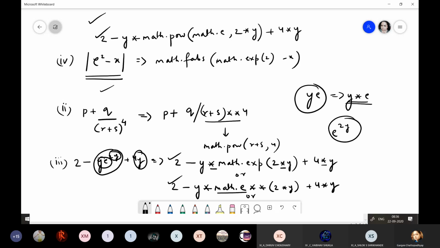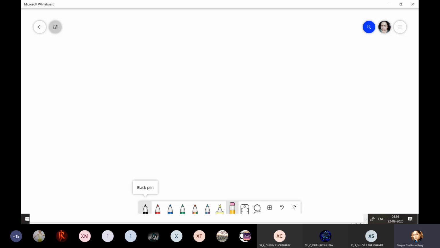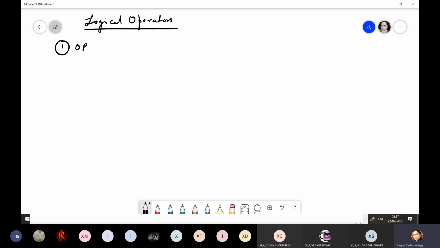Got it? Now next we are going to revisit the logical operators. We have three logical operators: and, or, and not, right? And, or, not.